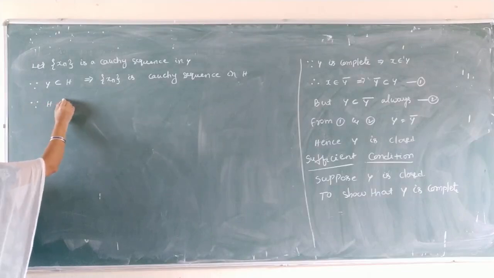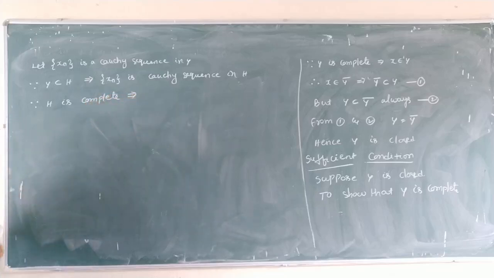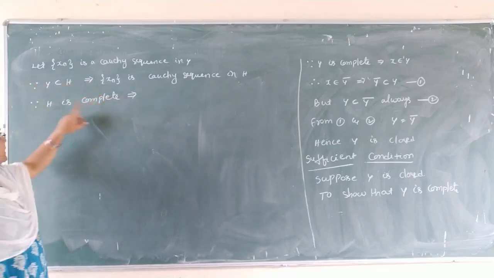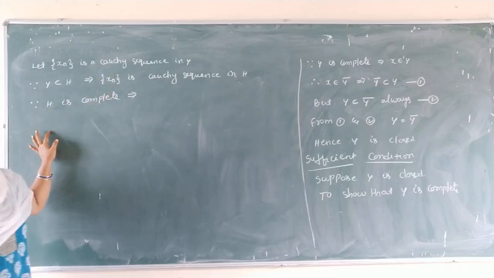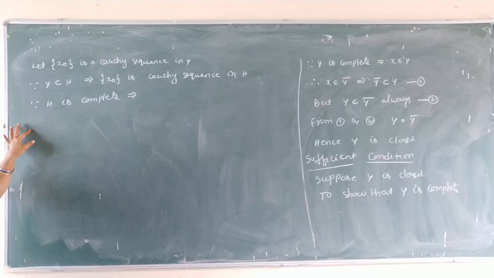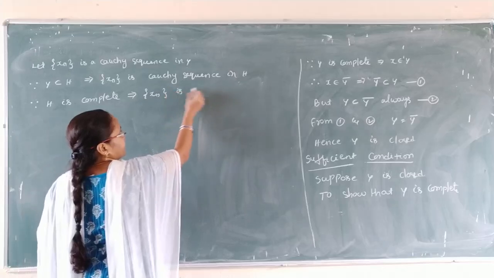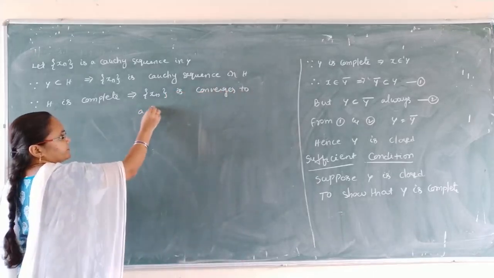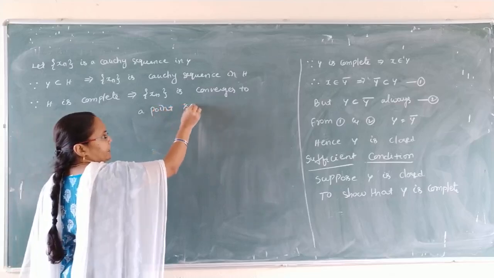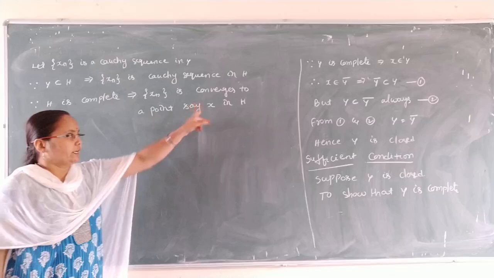Since H is complete, by the definition of completeness every Cauchy sequence converges, so in H the Cauchy sequence xn converges to x in H. That implies the sequence xn converges to a point, say x in H. We are taking that point, that's why we say x in H.